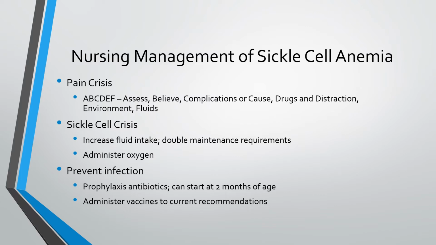Any signs of infection or signs of stroke need to get help quickly. Infectious signs might include fever, pale, listless, abdominal pain, swollen joints, and then our stroke symptoms would be headache, numbness, or visual changes. So just educating those families to monitor for those signs and symptoms.